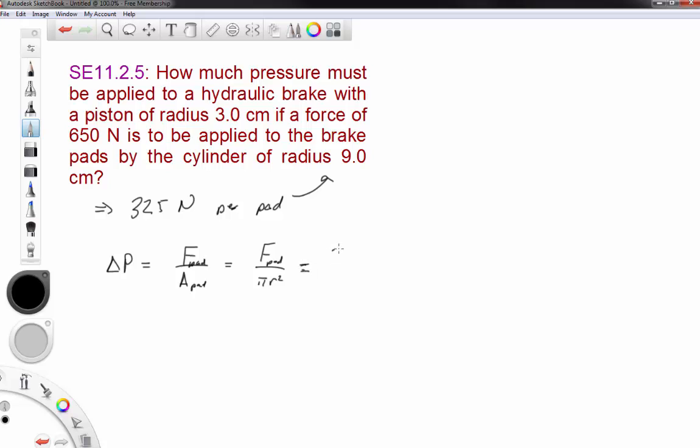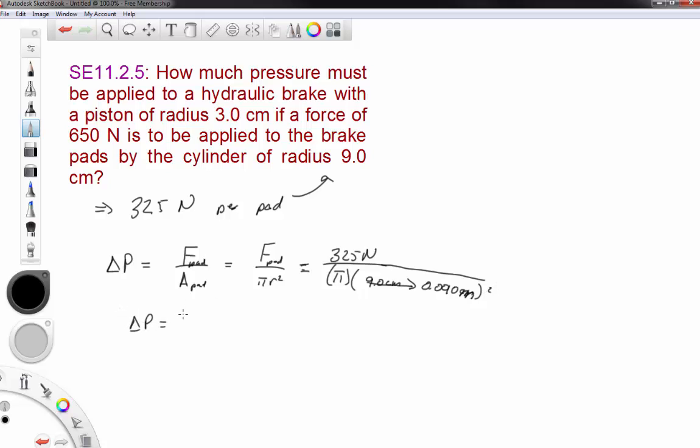So this would be 325 newtons divided by pi times the radius, which is 9.0 centimeters, which we can convert to 0.090 meters, and then that is being squared.